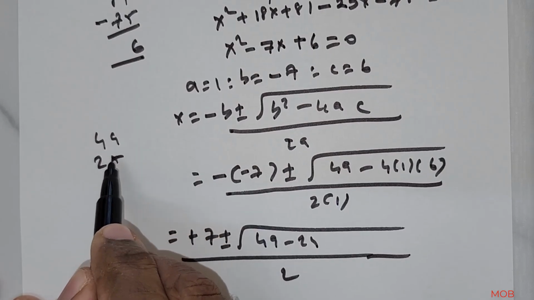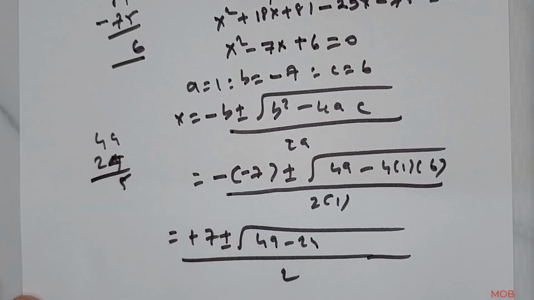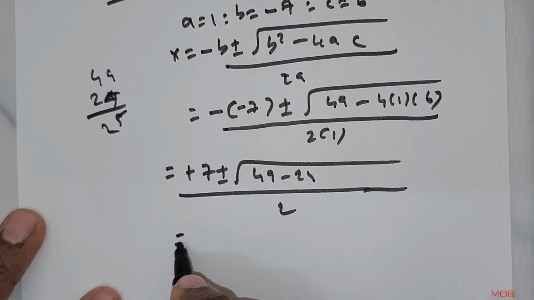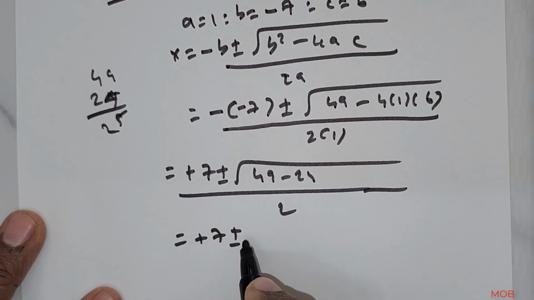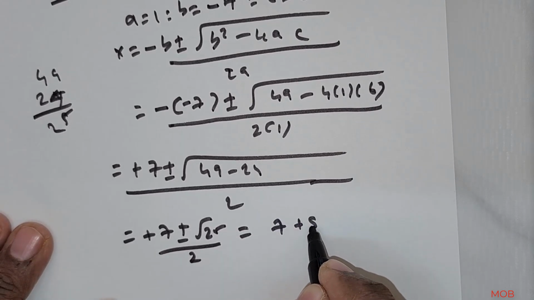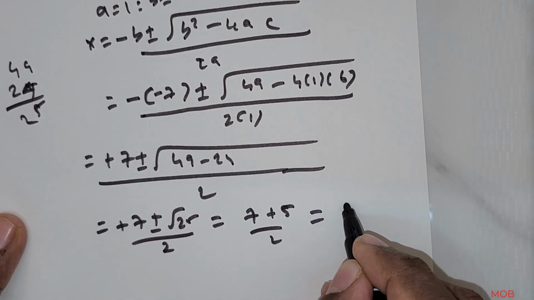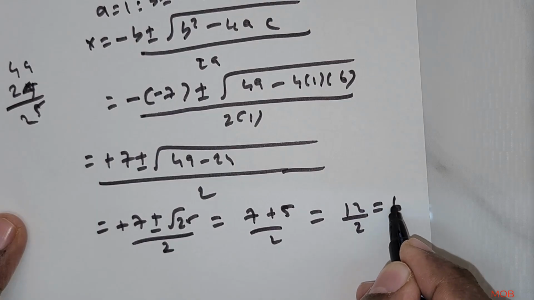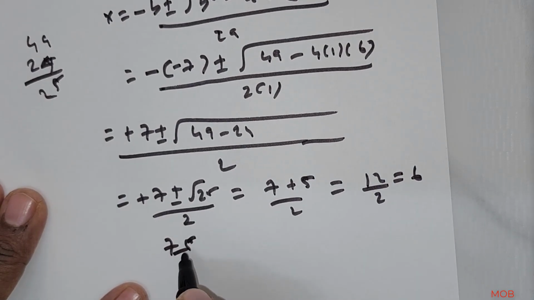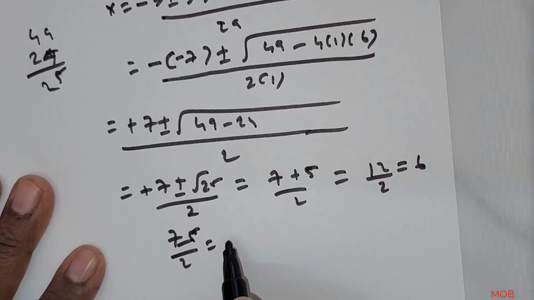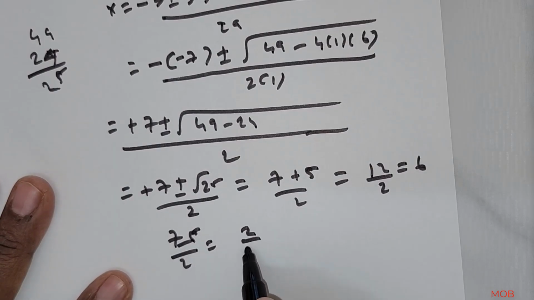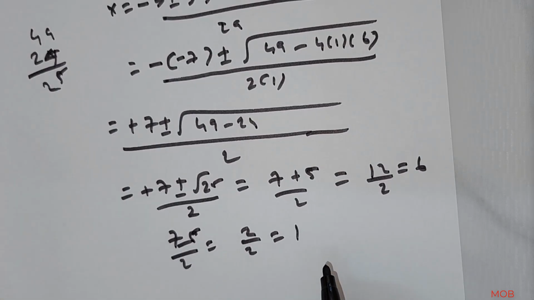So from 49 you take away 24, you get 25. So 7 plus or minus the root of 25, divided by 2, which means 7 plus 5 divided by 2, which is 12 over 2, which is 6. And then 7 minus 5 over 2, which is 2 over 2, which is equal to 1.